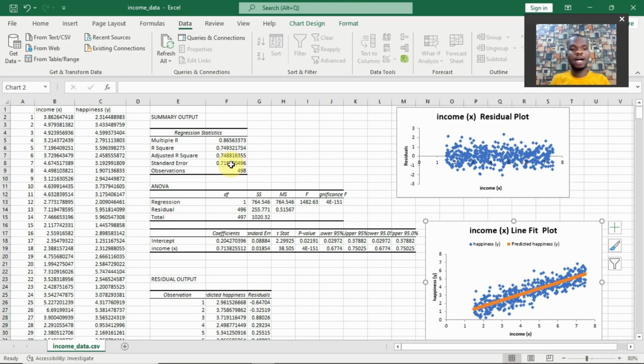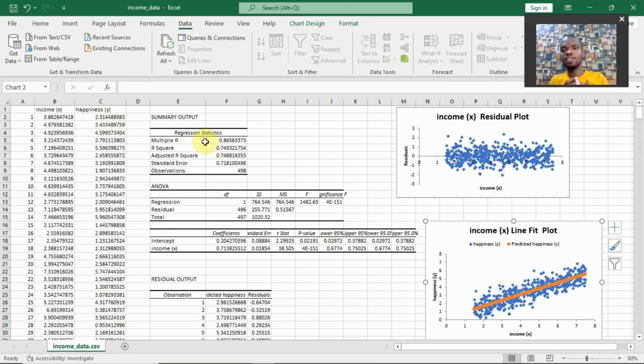If you were having a value of 2 points or 1 point, it means that on an average the prediction was not so good. It was predicting, for instance, where you would have 2.3 from an income of 3.8, it will be predicting something like 4.3. I don't know if that makes sense.